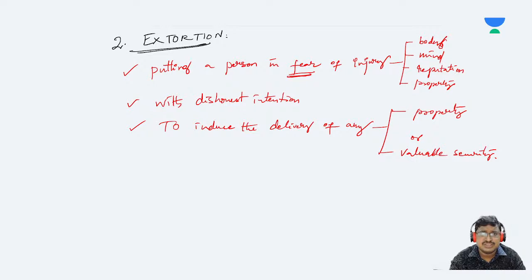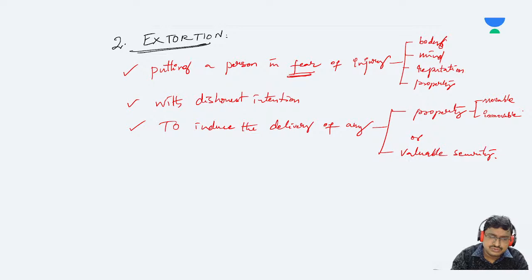Here, with the consent of the other person, he takes away the movable or immovable property or valuable security of that person. Here, that consent is obtained by putting such person in fear. Fear is the important word. Now, here the property may be movable or immovable.